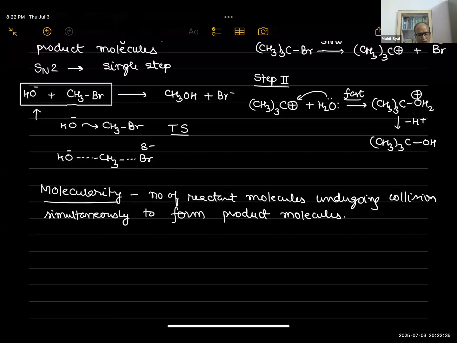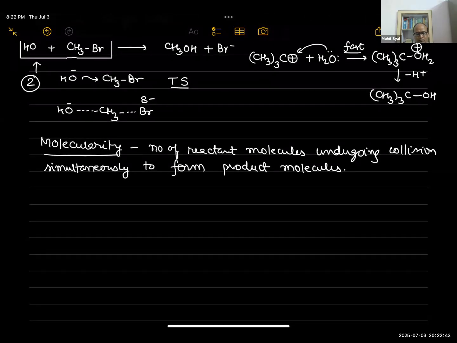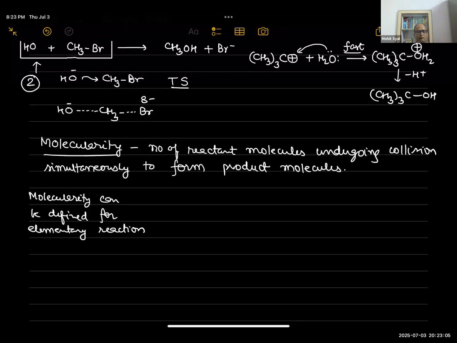And this molecularity is two. Bimolecular reaction. Molecularity can be defined for an elementary reaction. Got it?